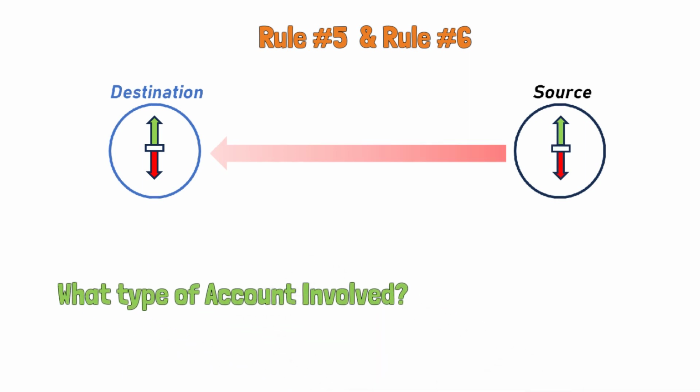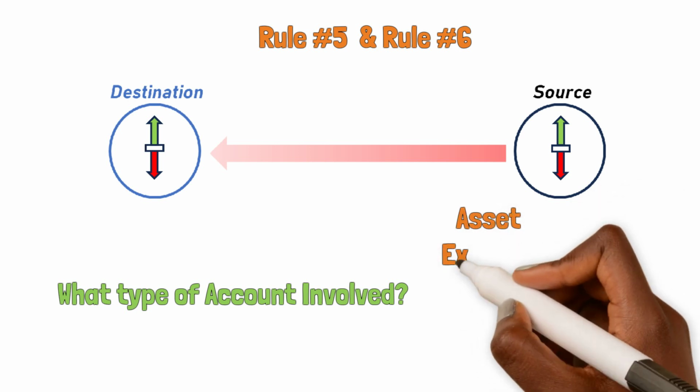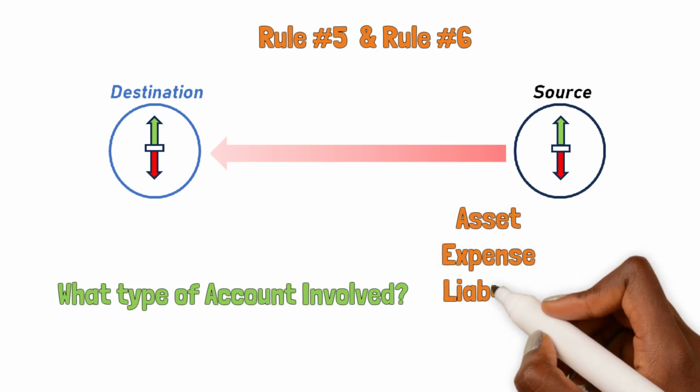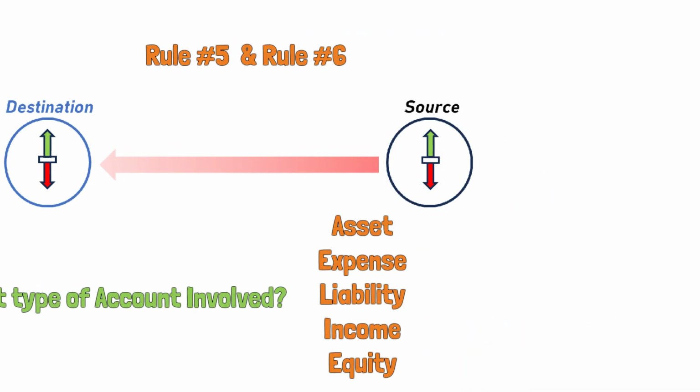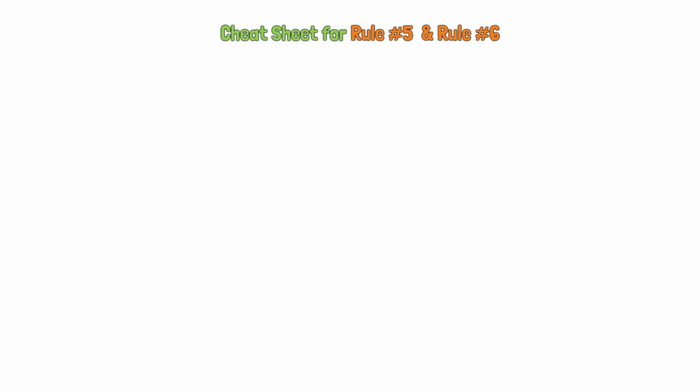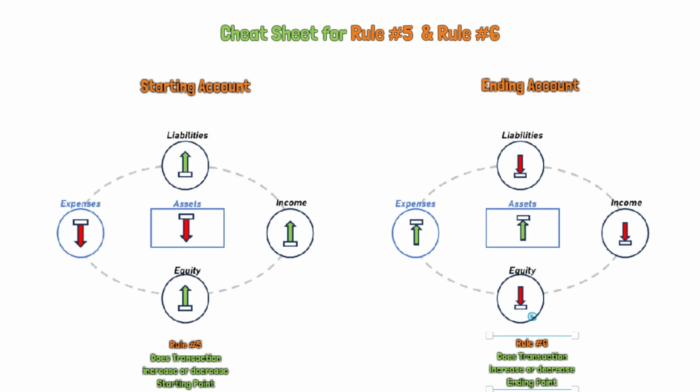That is, are these accounts assets, expenses, liabilities, equity or income accounts? Since this can be a little confusing, we summarized rules number 5 and 6 into a little cheat sheet that would help you to accurately enter any financial transaction into your bookkeeping system.